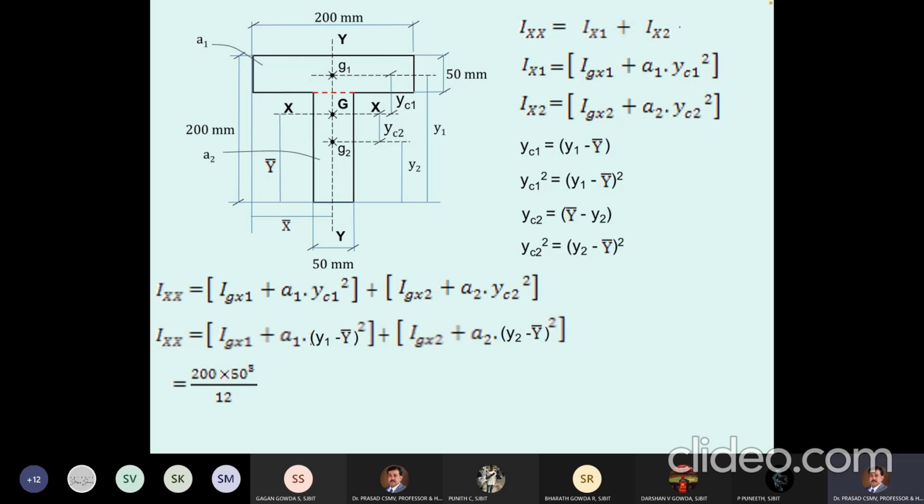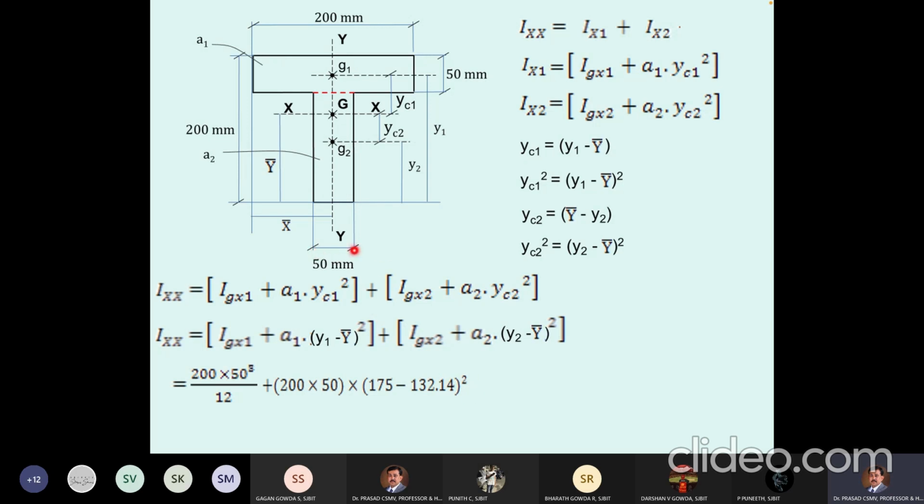BD cube by 12, plus A1. A1 is already this, 200 into 50. YC1 is nothing but Y1 minus Y bar. Y bar we have already calculated, and Y1 is also there. Similarly, Igx2 will be the moment of inertia of this rectangle about its own horizontal central axis, which will once again be BD cube by 12.